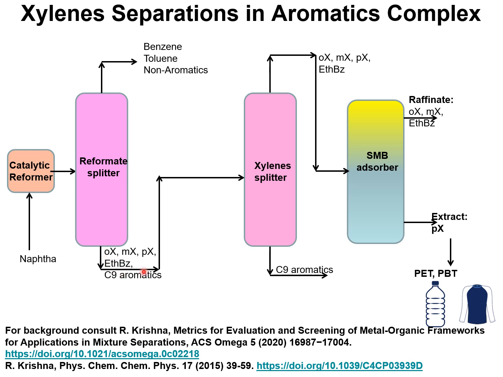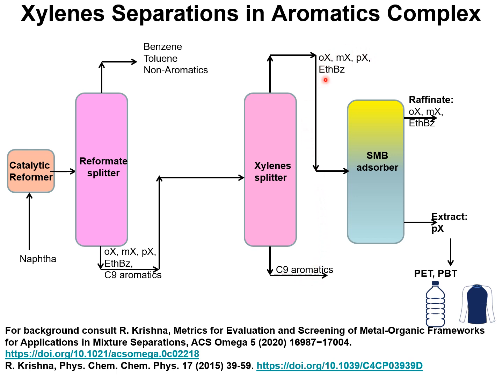The bottom stream from the raffinate splitter is further distilled in a xylenes splitter, in which the top product consists of the C8 hydrocarbons, ortho-xylene, meta-xylene, para-xylene, and ethylbenzene, and the bottom product are the C9 aromatics.